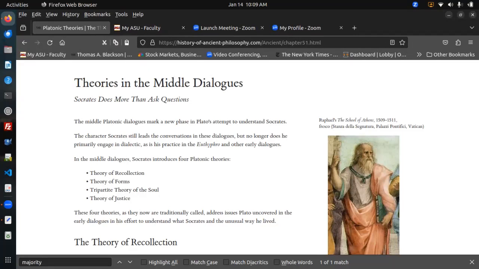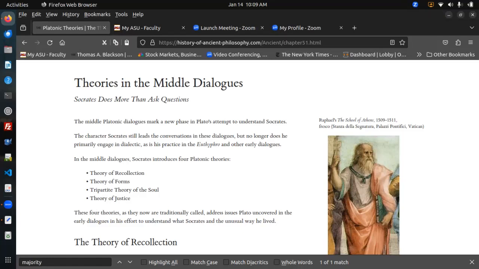Socrates, as Plato portrays him, seems to assume that his interlocutors have the right answer to the what-is-it question he asks in his search for definitions. Right, this is what we've seen in the earlier dialogues. Their problem, he seems to assume, is not the absence of true beliefs, it's the presence of false beliefs.